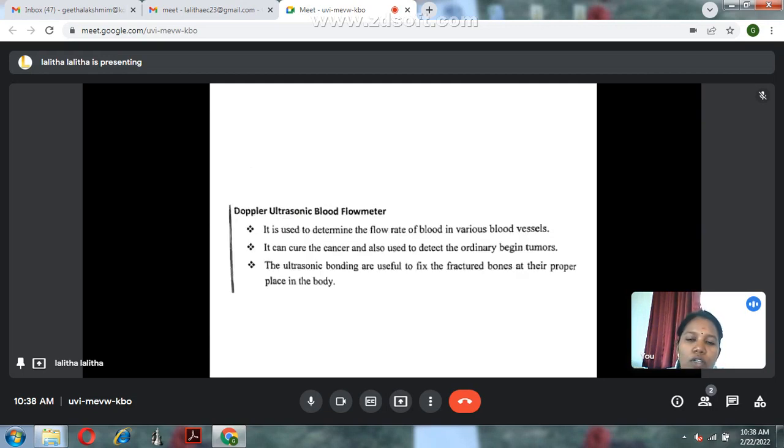Next, the Doppler ultrasonic blood flow meter. It is used to determine the rate of blood flow in various blood vessels.